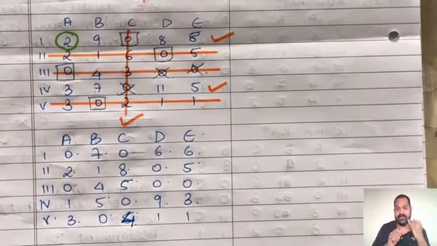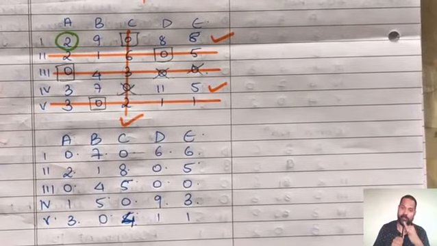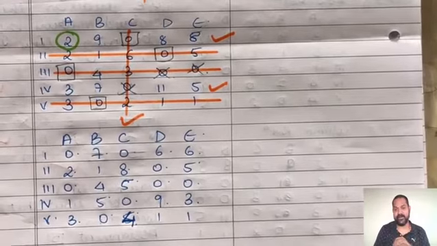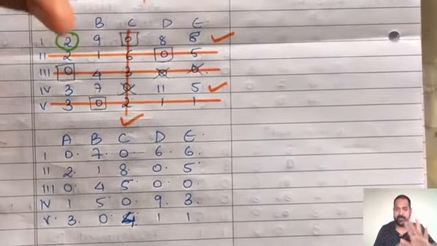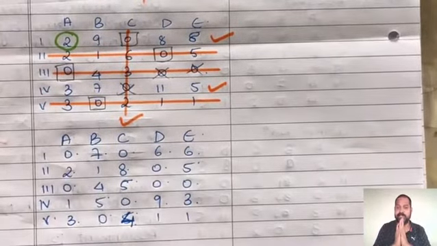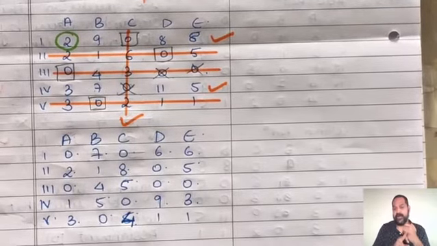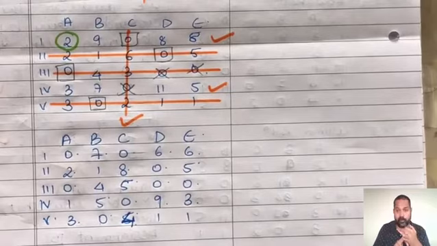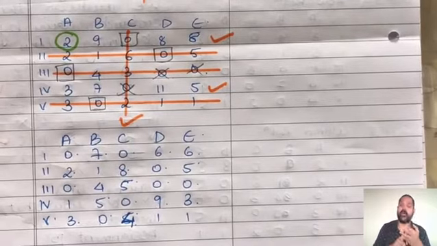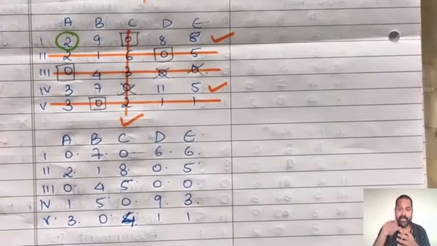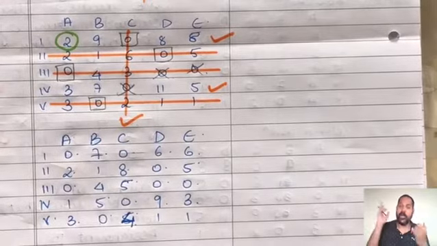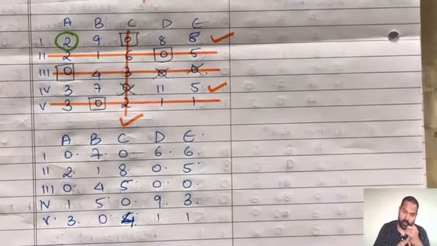Go back. Step 1 row reduction, step 2 column reduction, step 3 assignment. If you get 5 assignments, look up, thank your stars, say thank you God. If you didn't get it, mark a row that does not have an assignment. In the marked row, mark a column that has a 0. In the marked column, mark a row that has an assignment. Keep doing this till the marking is stopped. Draw lines through unmarked rows and marked columns.